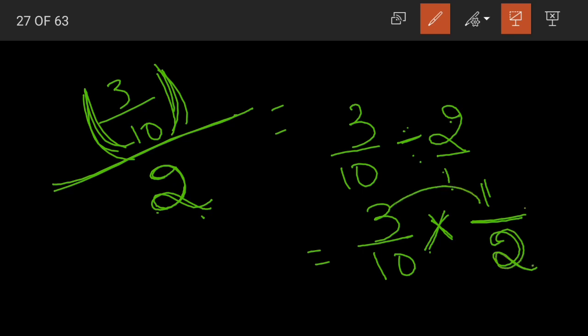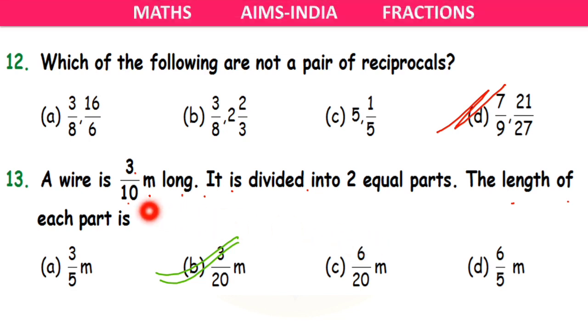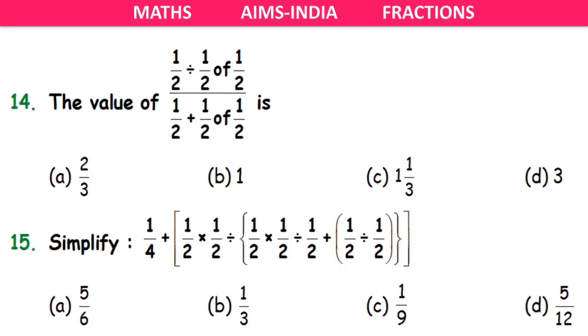Now 3 ones are 3, 2 tens are 20. What is our answer? It is 3 by 20 meters. Option B. How did we find out? We divided the total length of the wire by 2. Then we got that the length of each part is 3 by 20. I hope this was clear.